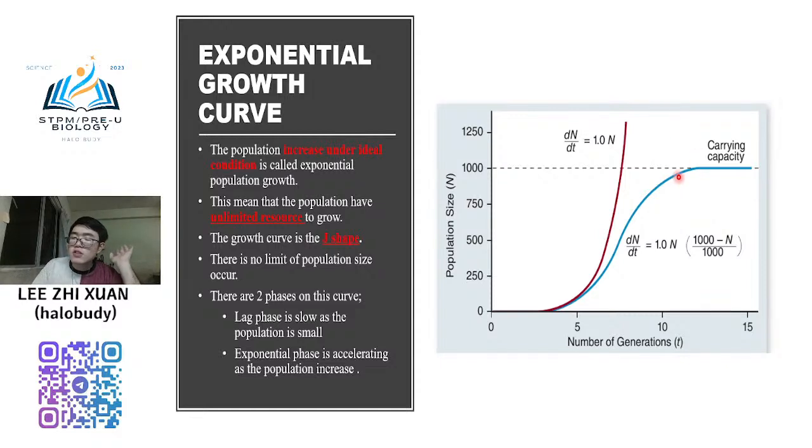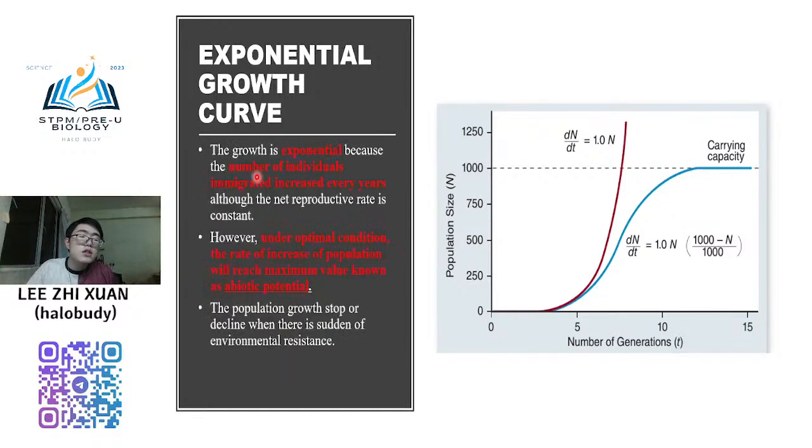But for this logistic curve, in normal situation there is a stationary phase. So this one is what we call an exponential growth curve. I already mentioned it is exponential because the number of individuals immigrated increases every year, although the net reproductive rate is constant.